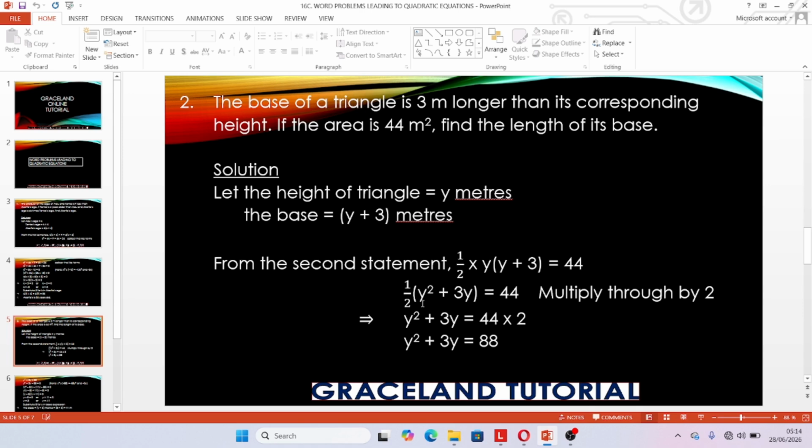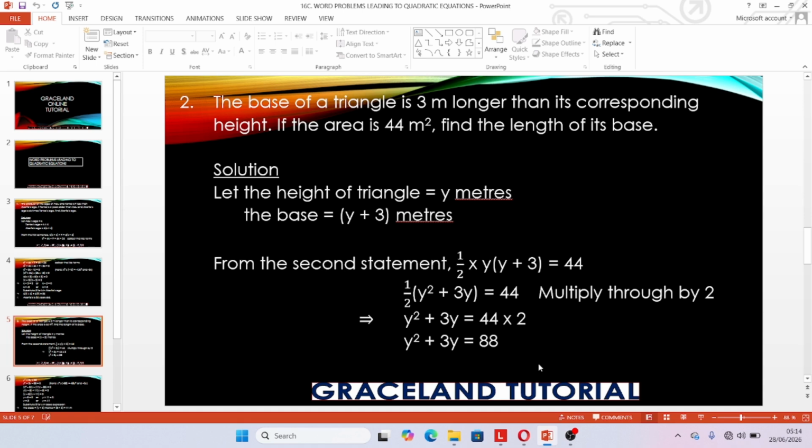Now to go ahead, we need to clear the fraction. To clear the fraction, we multiply all through by 2. So this is going to be 2 times half into y squared plus 3y. The 2 will cancel the denominator 2, and we'll be left with y squared plus 3y equal to 44 times 2, which gives us 88.